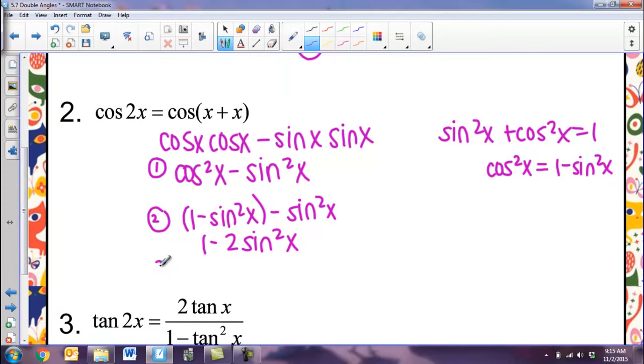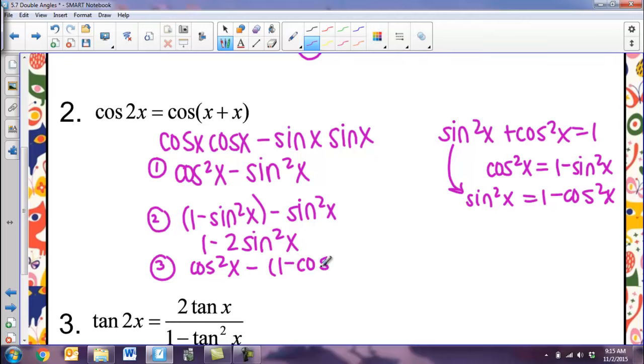Same deal for the third one. It's just now you're going to rearrange this in terms of cosine. So I want to make sure I get rid of any sines that I have in here. So I would have sine squared x is equal to 1 minus cosine squared x if I subtract cosine squared from both sides of the identity. Again, I'm going to leave my cosine squared x alone. Then I'm going to replace the sine squared x with 1 minus cosine squared x.